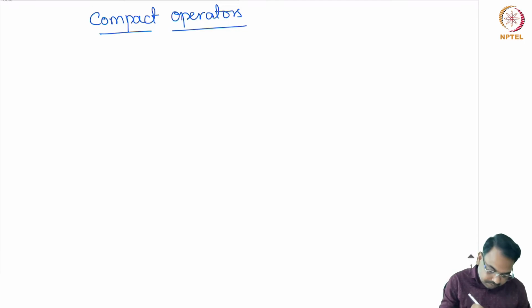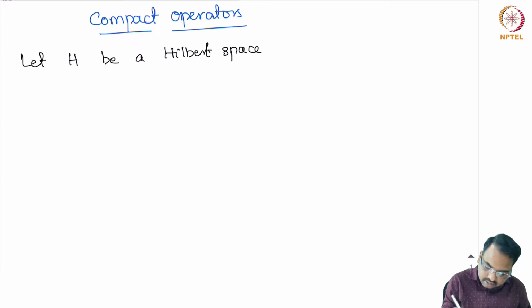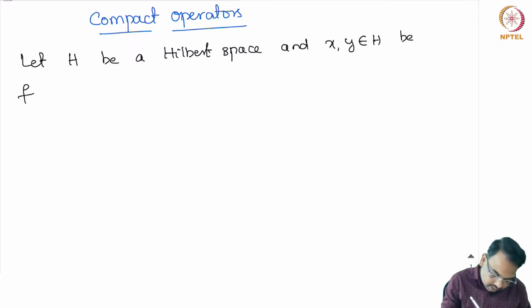To start with, let H be a Hilbert space and x and y be fixed vectors.